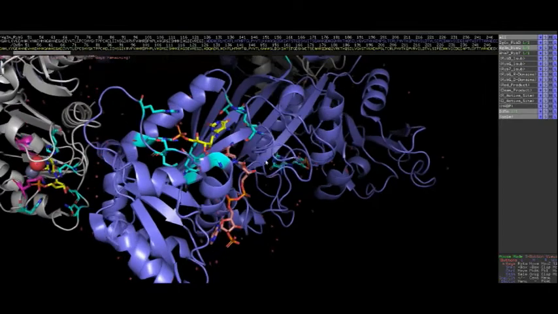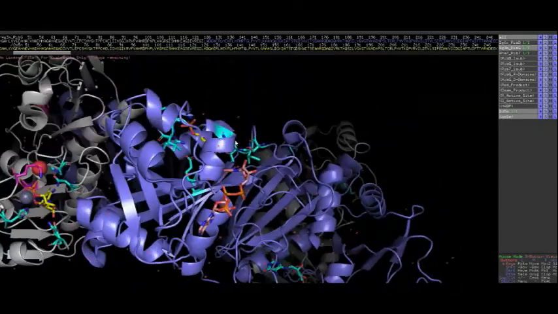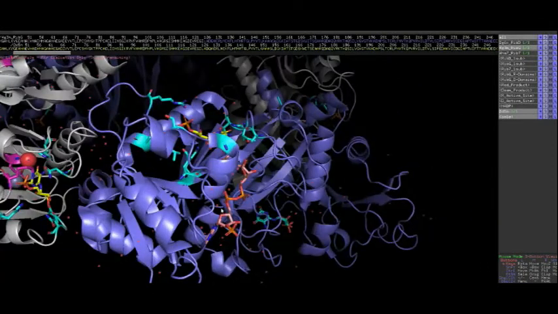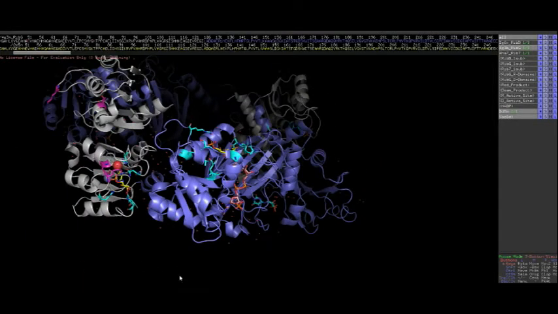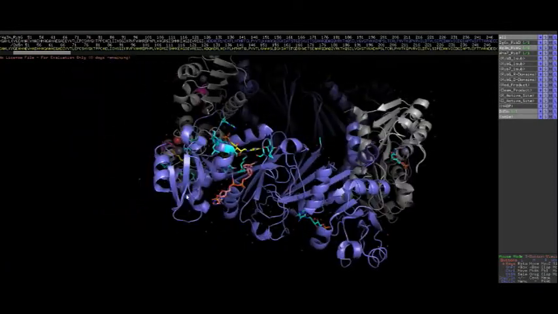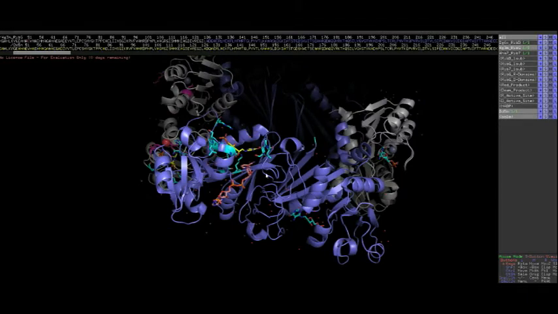And by the way, at least one of the papers that I was looking at said that they do not think that there is a tunneling of the substrate going on here, because this step happens faster than the second step, which means that you would be releasing this out of the active site into solution, because this step here wouldn't be able to keep up with the first step. And so they do not think there is substrate channeling going on.